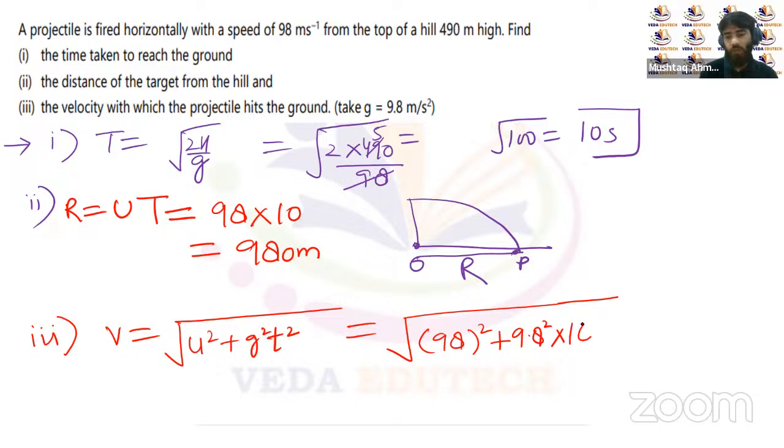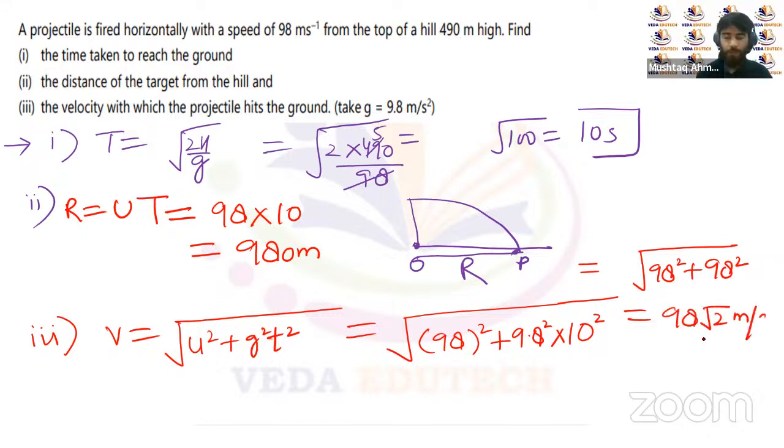We can also rewrite it as 98 whole square. It will be 98 square plus 98 square, which equals 98 root 2 meters per second. Since 9.8 multiplied by 10 will be 98, finally 98 root 2 meters per second is the speed with which it will strike the ground.